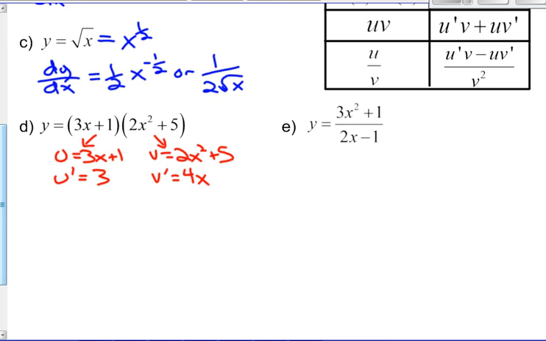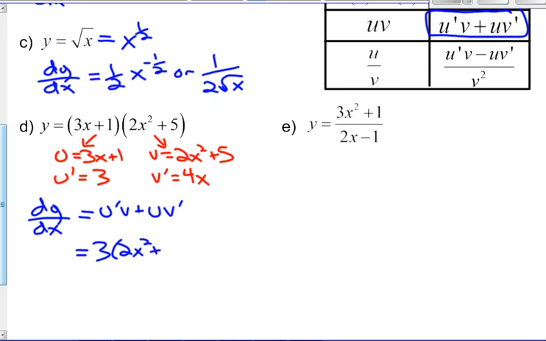Okay, dy by dx, from right up here, is u prime v plus u v prime. Or 3 by 2x squared plus 5, plus 3x plus 1 by 4x.